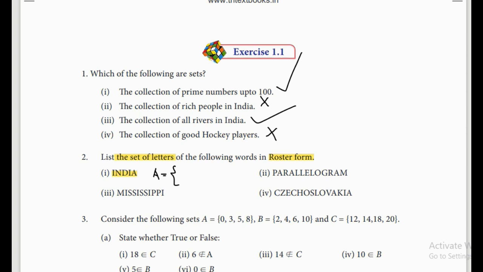The letters are I, then N, then D, then I already written A. So using these letters we can form this word India. So don't forget it. I hope you all know this because it's a very simple thing.